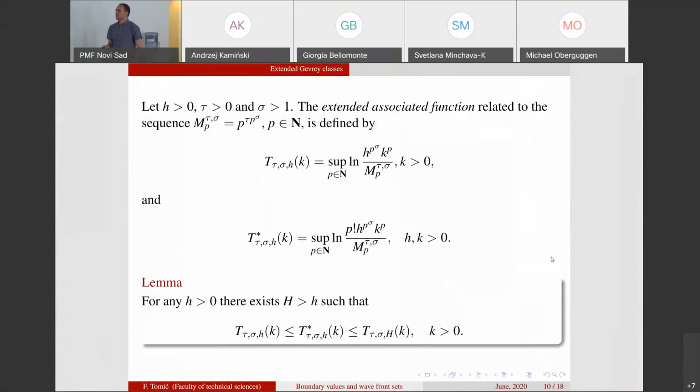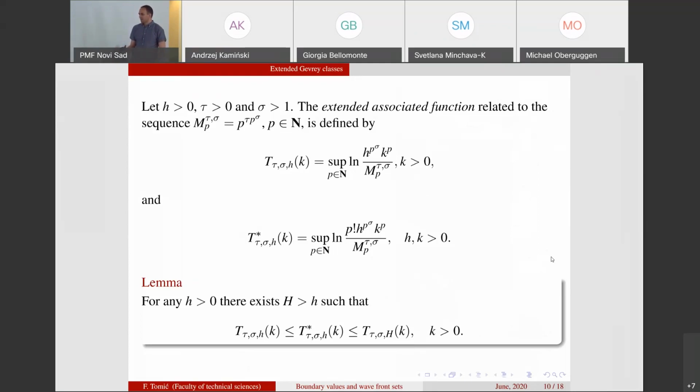It's similar to the standard notion, except for this factor h to the p to the sigma. And it's important because, of course, of the new properties of this sequence M_p. So we have to add this h here. And then if we take star, we can actually see that they are equivalent in some sense.